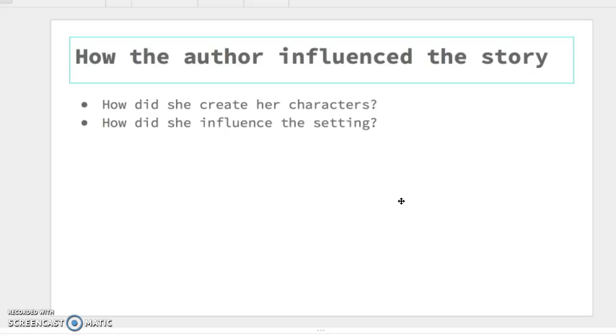The way an author influences the story is how their ideas and beliefs contribute to the text, because as an author, they put their views in their writing.